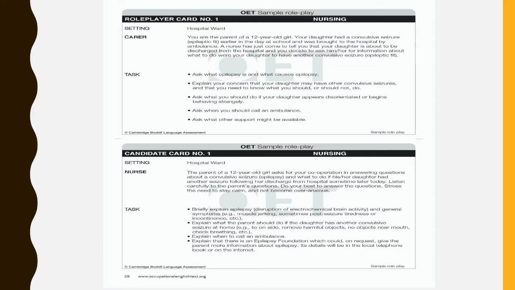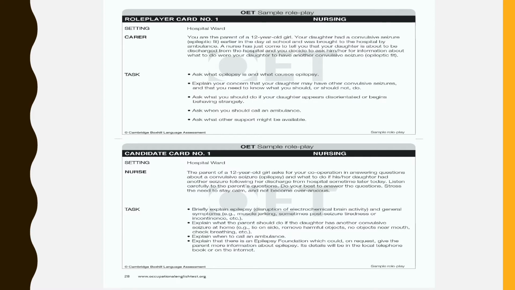Here is an example of an OET speaking role play. Information about the role play cards. You will have an opportunity to read through the role play card before starting each role play. Both role play cards are laid out in a similar way.